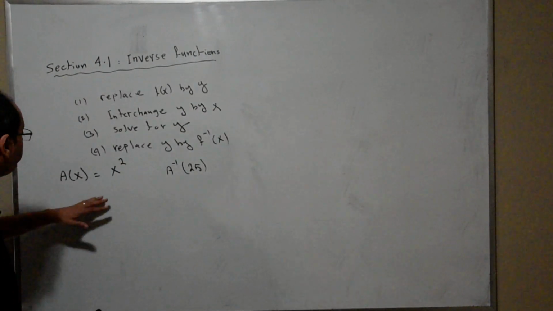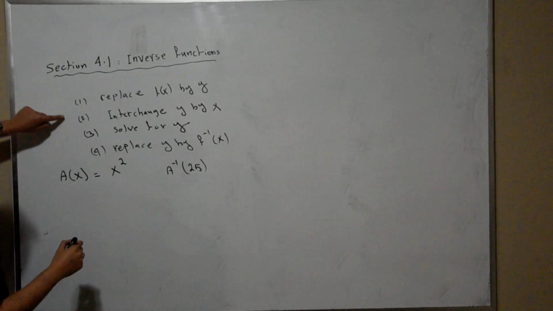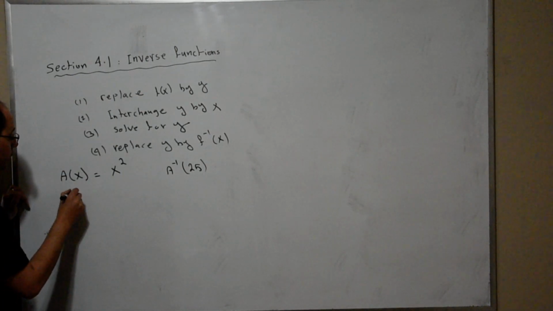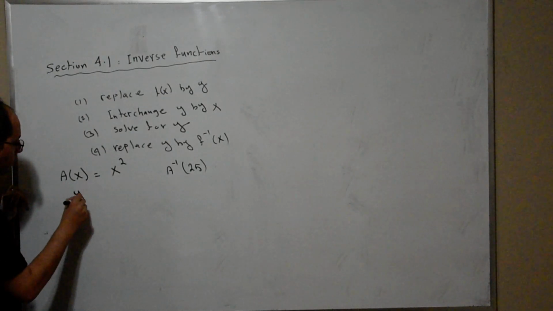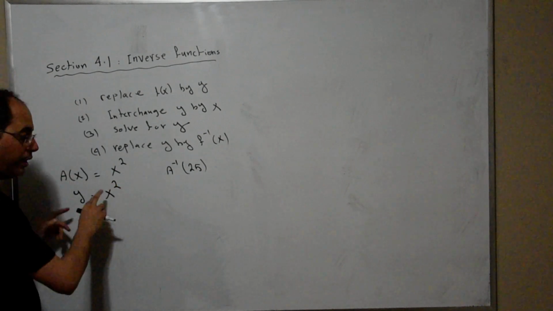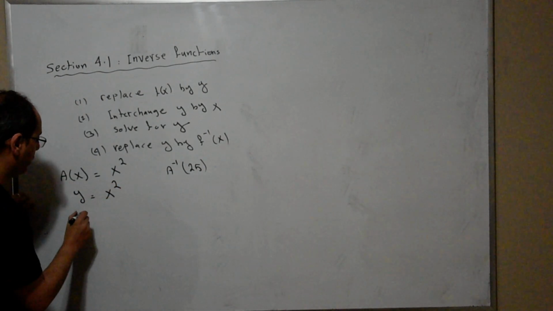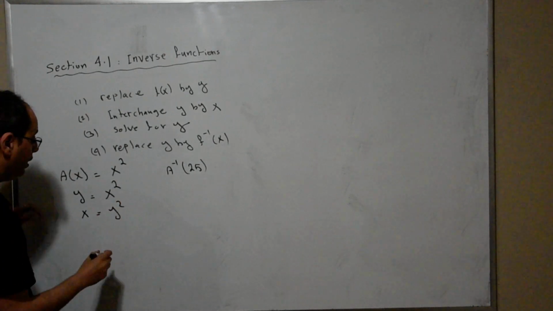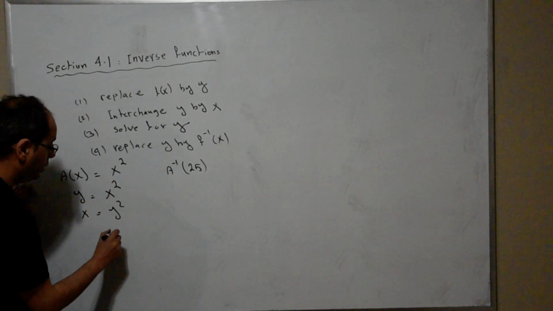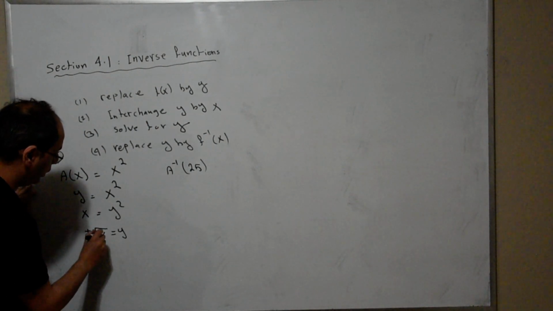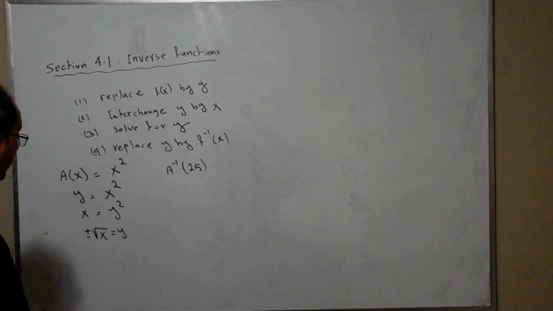So now, in order to solve that, I'm going to use the 4 steps. So I'm going to call this y equal x squared, and then interchange. So I make this x equals y squared and solve for y. So I take the square root of both sides. So y equals plus or minus the square root of x. Here's the thing.